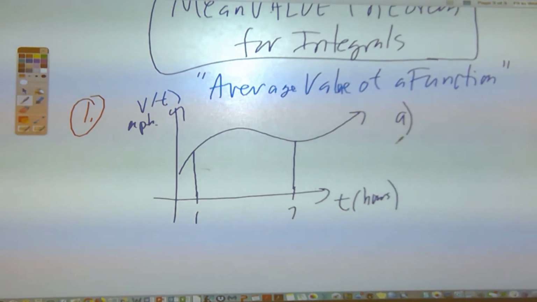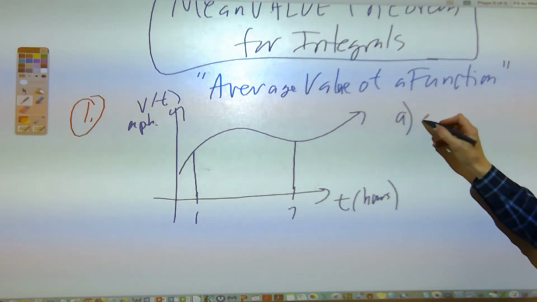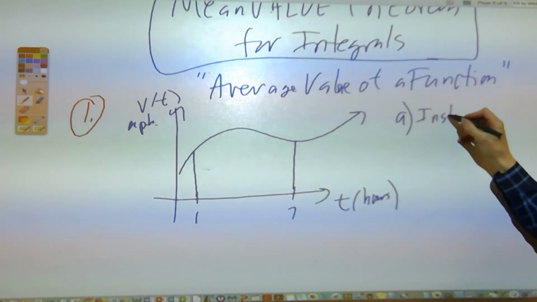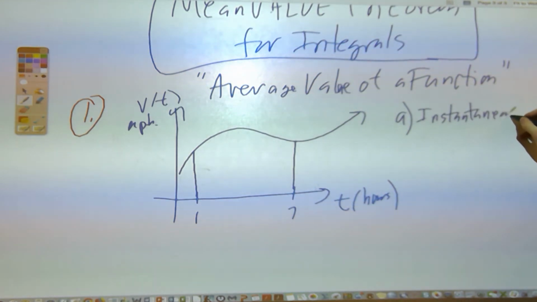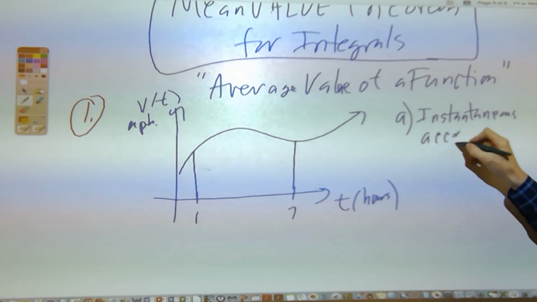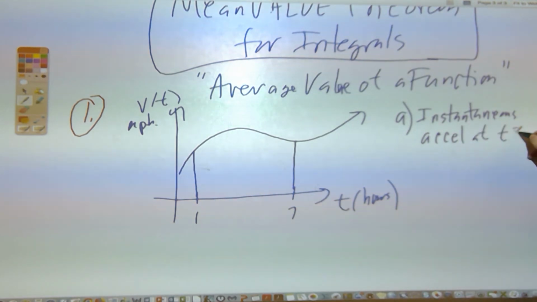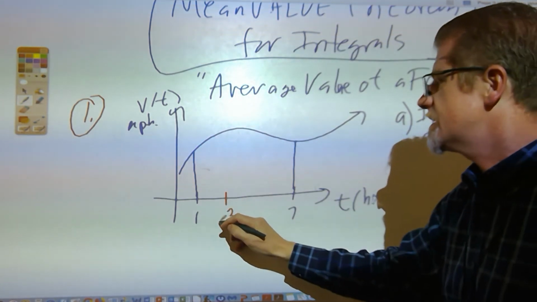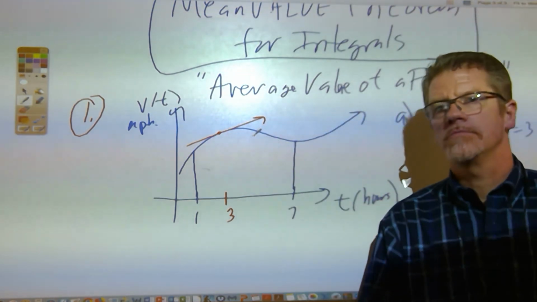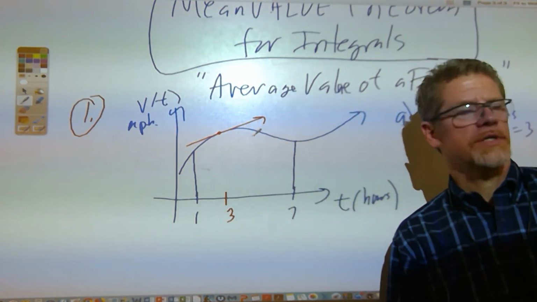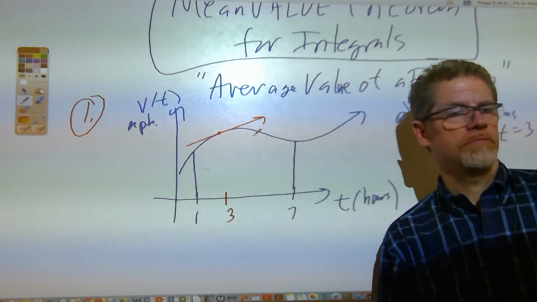Question A. What is the instantaneous acceleration at time 3? Okay, they're not asking for the average value there. They're just asking, at time 3, what's the slope of the tangent line?